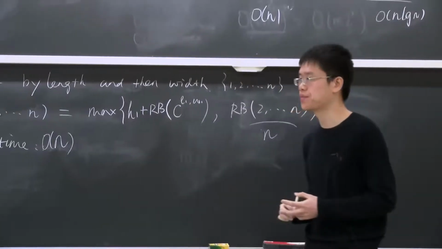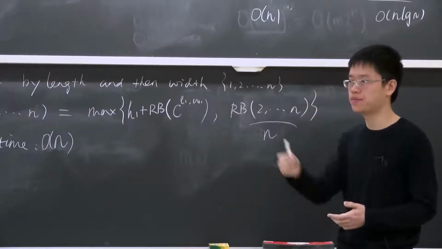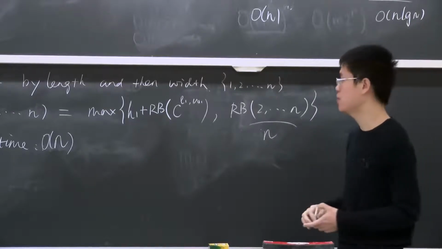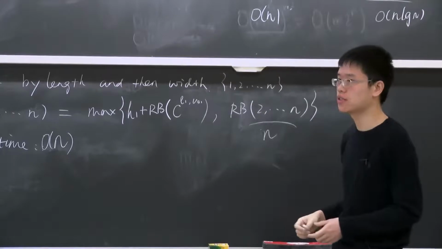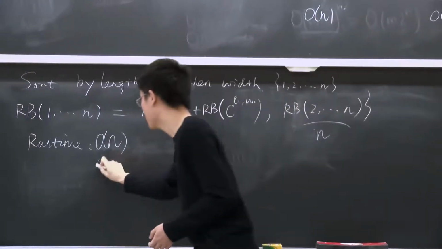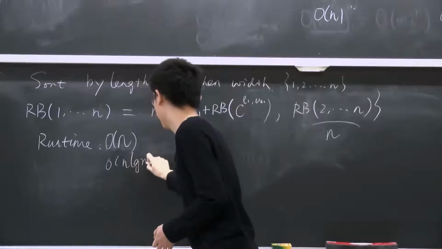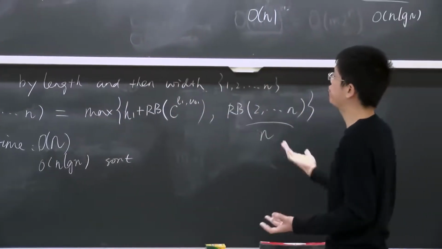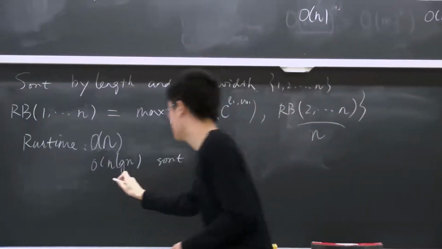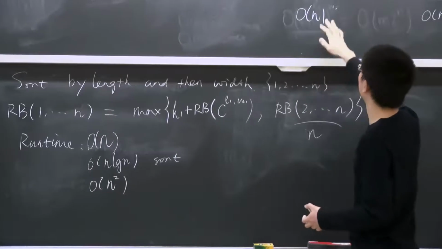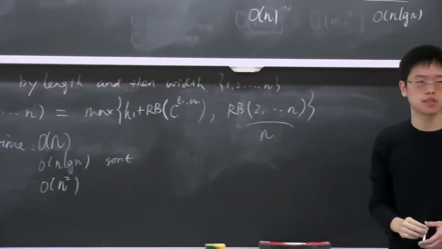Are we done? Is it really order n? Okay, no. I still have to find all these c's. And first, I actually have a sort step, and that sort step is n log n. Then again, if we do it naively, it's again n squared, because I have to find this compatible set for each of them.